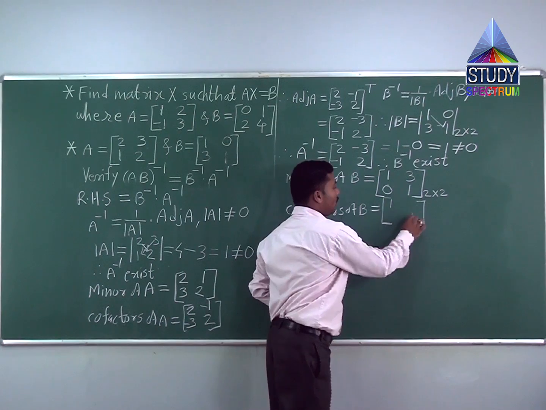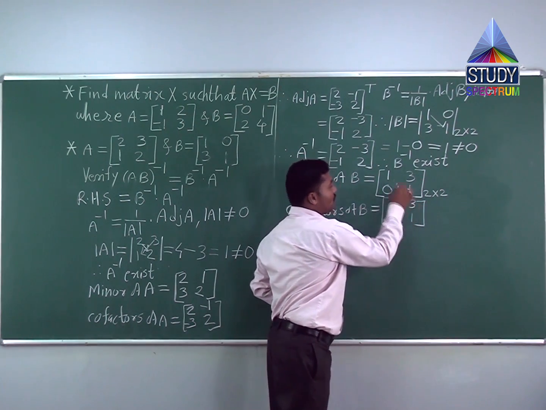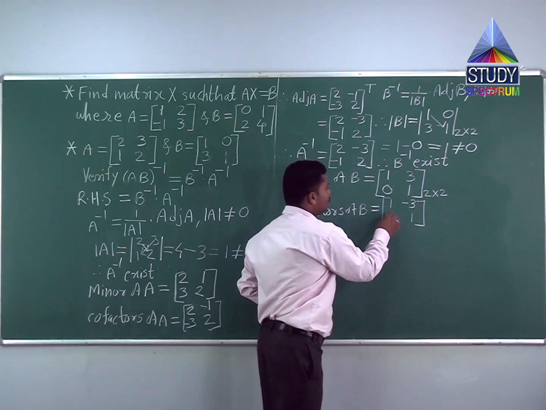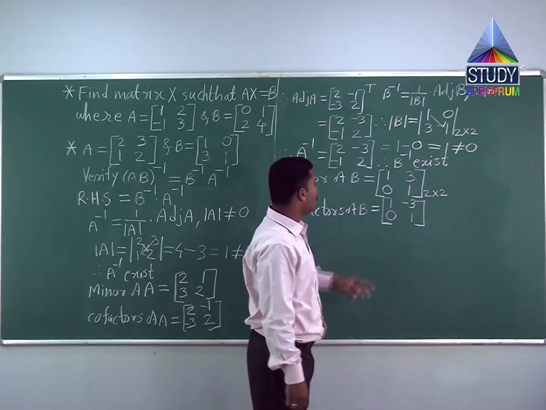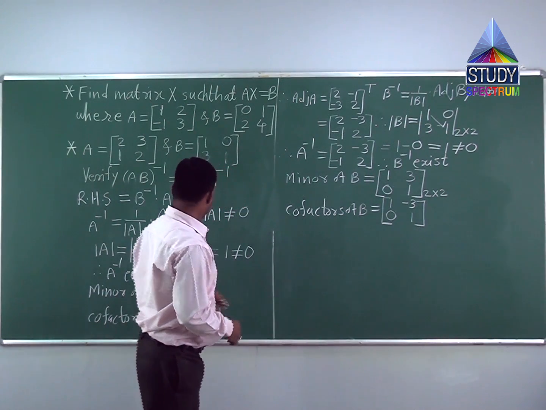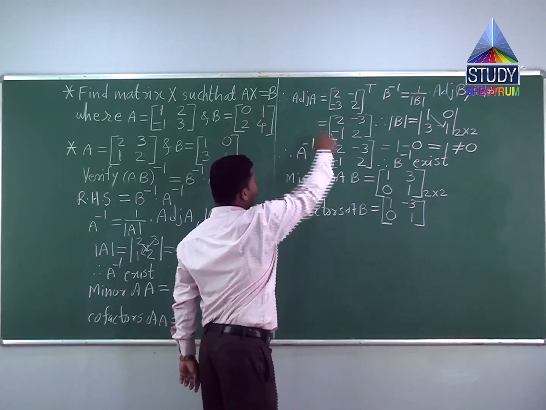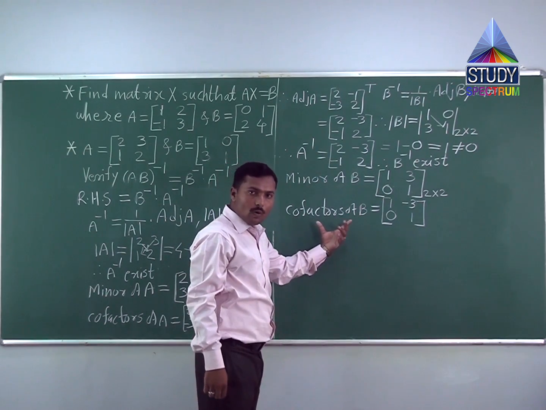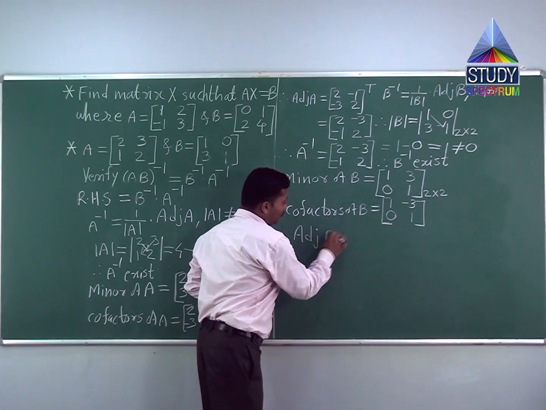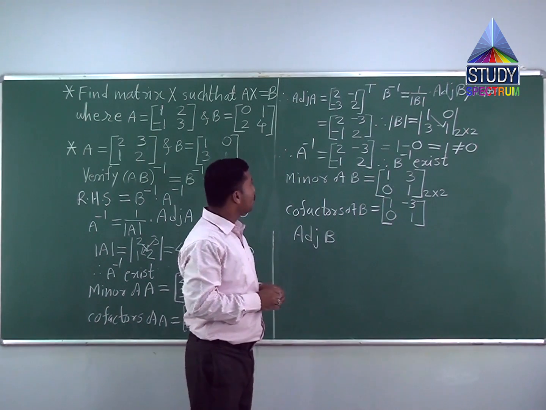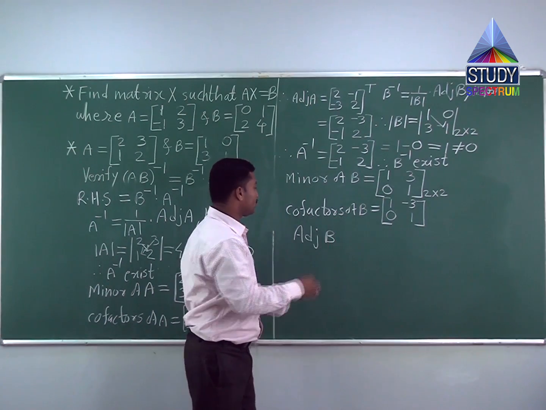So 1, 1 as they are, this plus 3 becomes minus 3, and this 0 becomes minus 0, which is always 0. Then we find the adjoint of B by using these cofactors. Adjoint is nothing but the transpose of these cofactors.